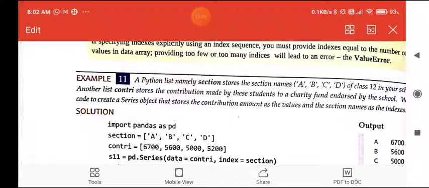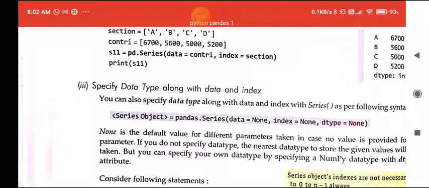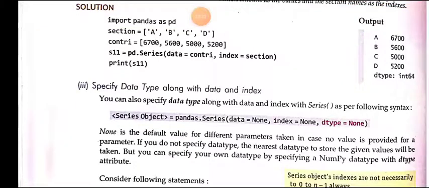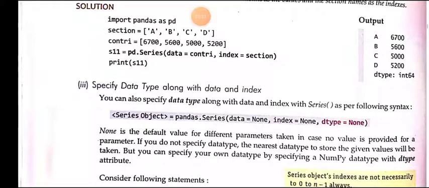Now the next topic is specifying the data type along with the data and indexes. In the same manner which we have used here while creating the series, we can also specify the data type by using the dtype attribute.